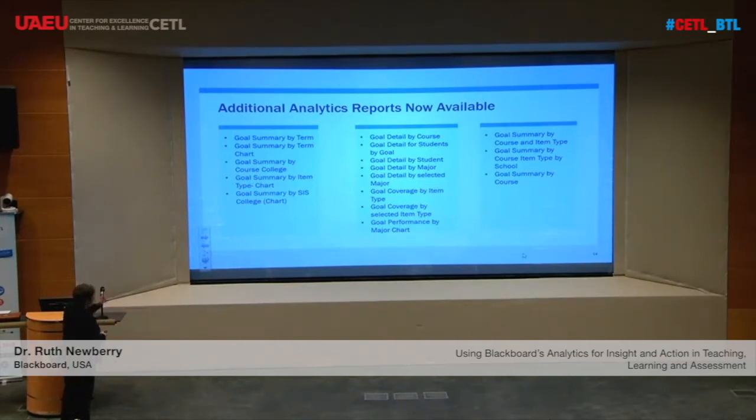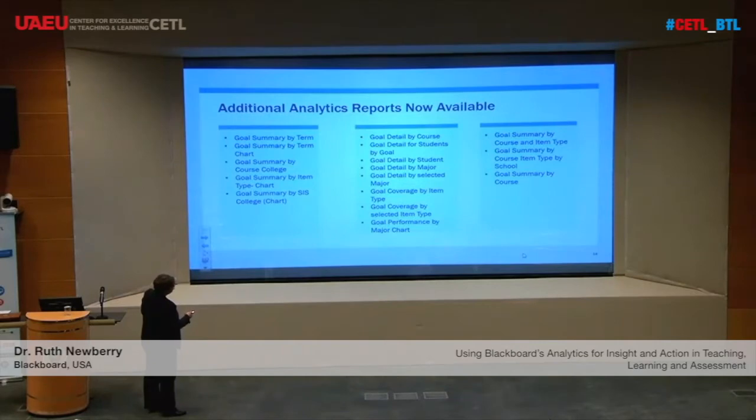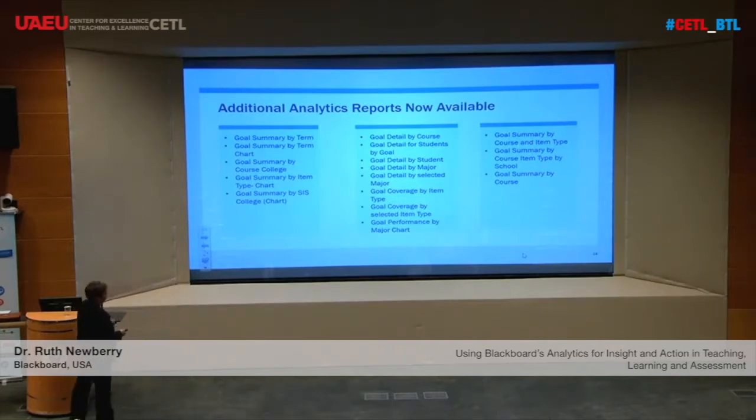So I can start separating out goal performance, student performance by term, by academic area, by major. So this column here, when you start thinking about integrating with your SIS and pulling that, now we know what major a student is, we know other demographics about students, and we can start pulling a lot of that together.